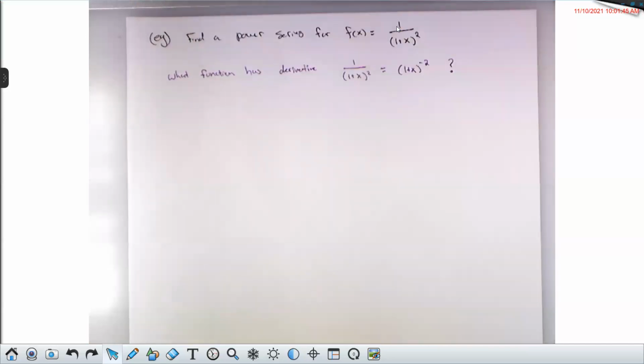If I can identify that function and find a power series for it, then I will differentiate that to get this. The arctan is not a bad guess, but remember the arctan is 1 over 1 plus x squared. And this is 1 over 1 plus x parentheses all squared. So it's not the same thing.